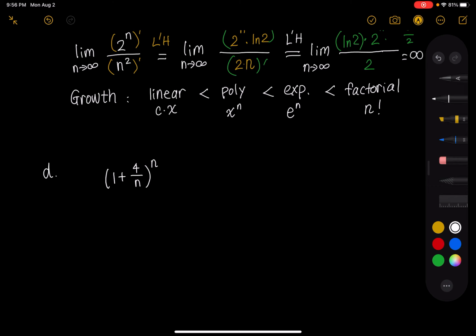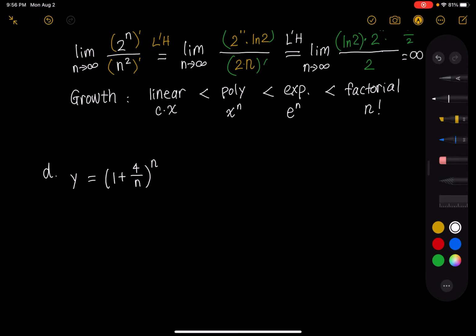Now, if you remember interest rate, it might look like it. So if you remember how we handled interest rate in the previous chapters, you realize this limit, if you call this y, how do we handle it? We have to take ln of y.